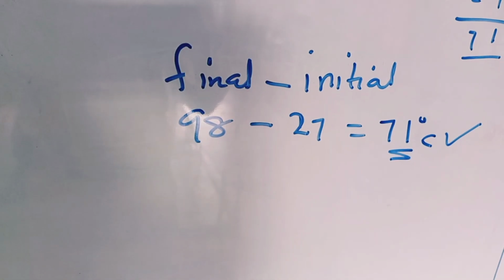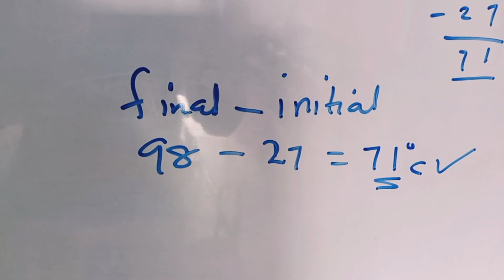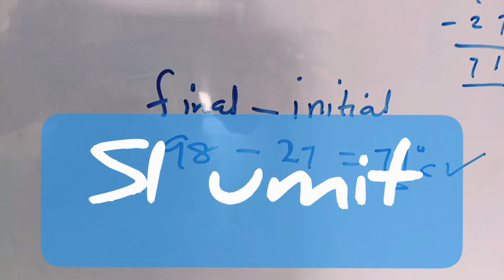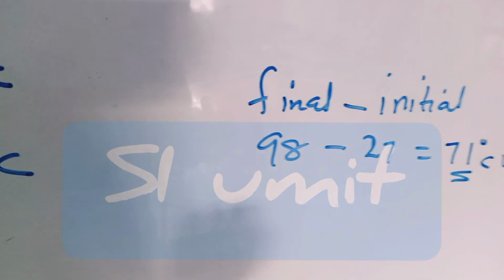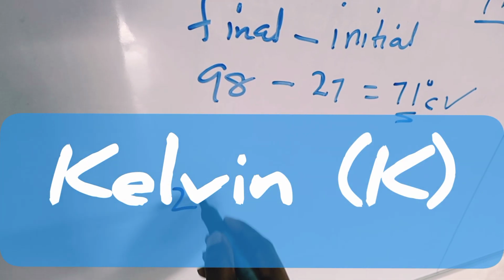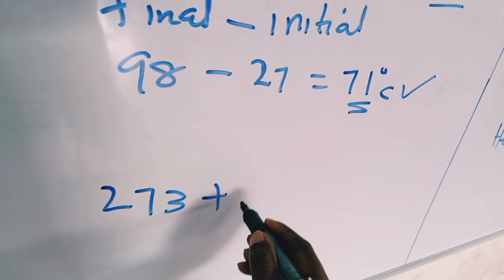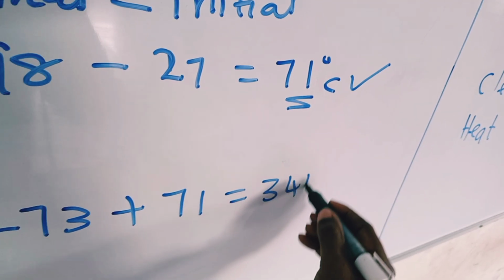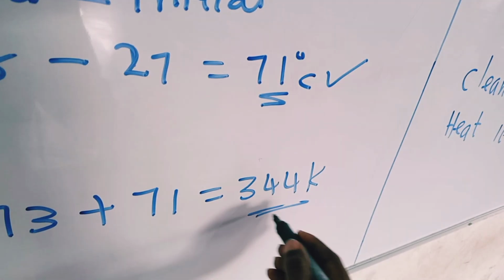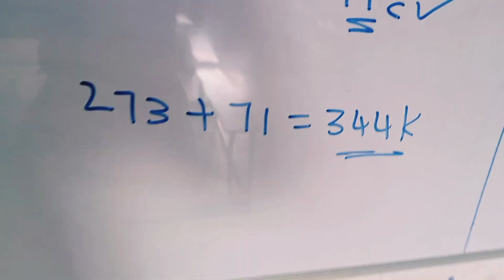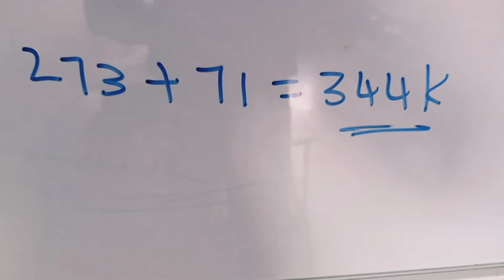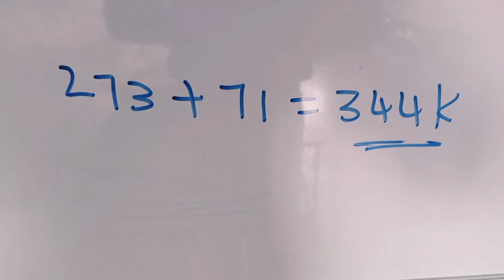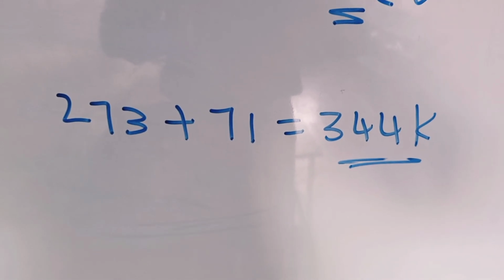Now, the final question is, let us convert this temperature change to kelvins, the SI unit. The SI unit is Kelvin. So you take 273 plus 71, we get 344 Kelvin. This is the SI unit of the temperature change when this water was heated from 27 degrees Celsius to 98 degrees Celsius.